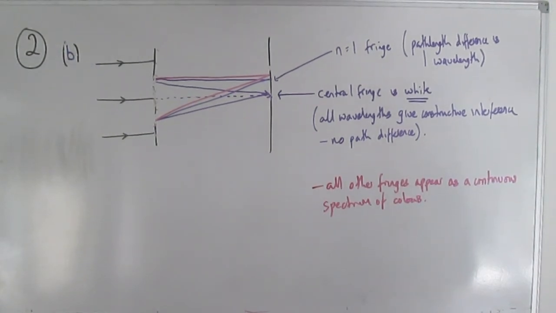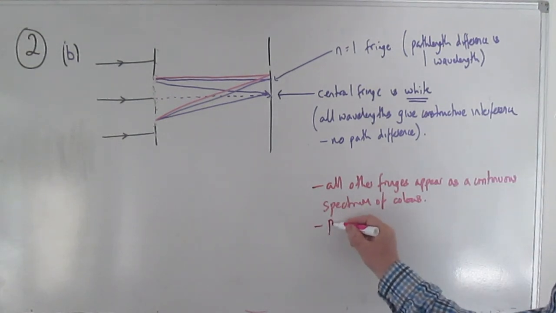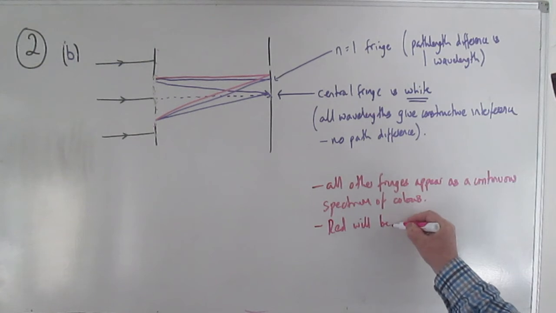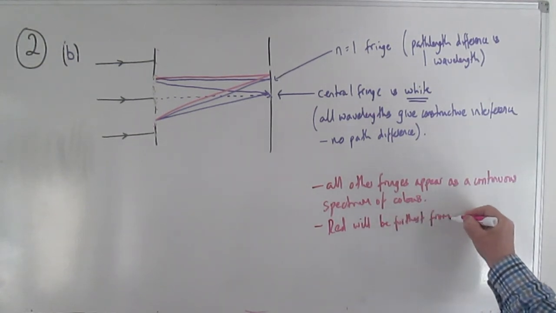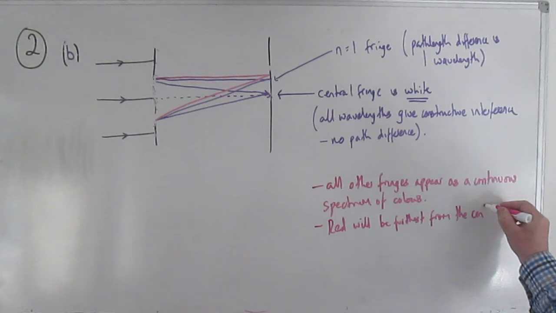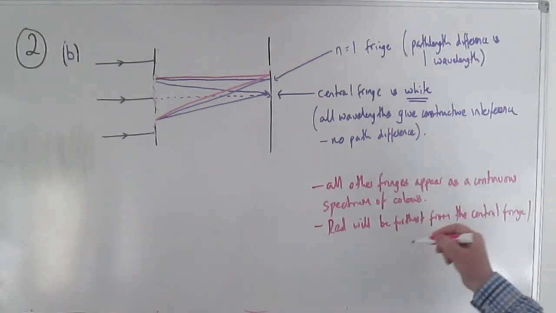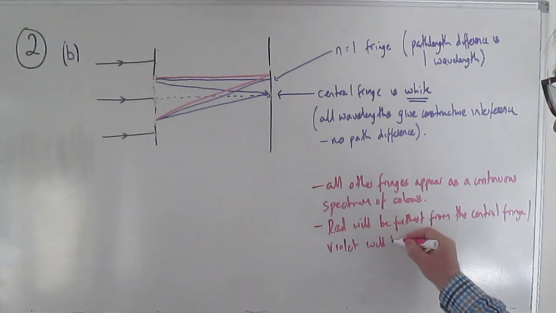So all the other fringes appear as a continuous spectrum of colours, and red will be furthest from the centre, or from the central fringe, and violet at the other end of the spectrum will be closest.